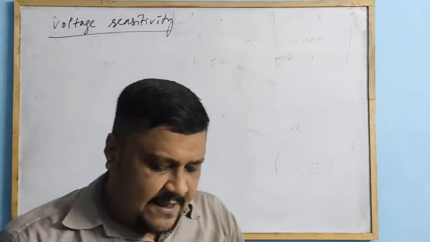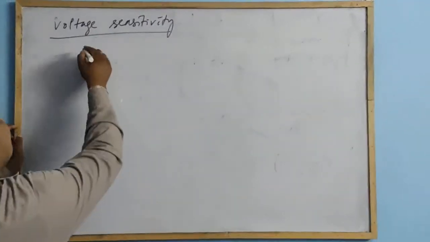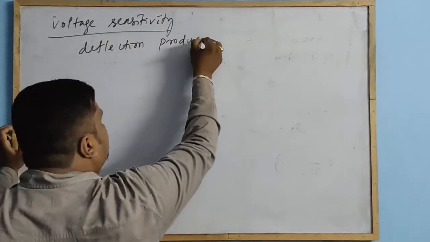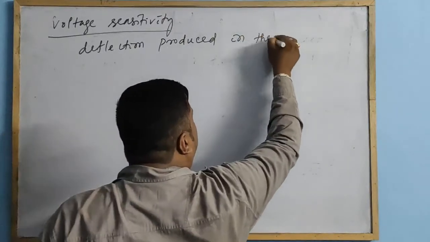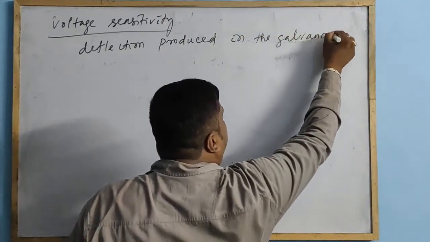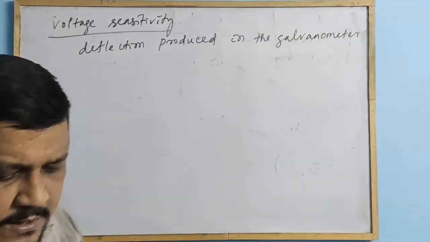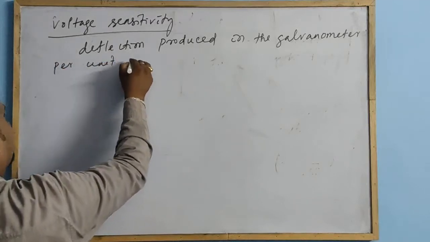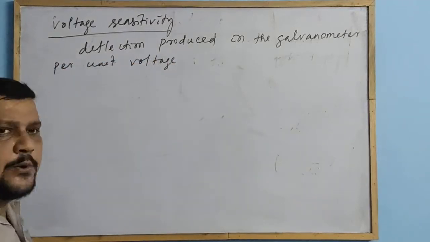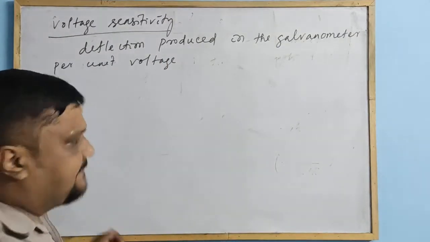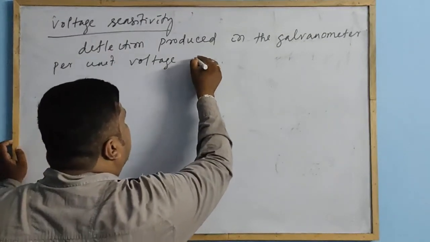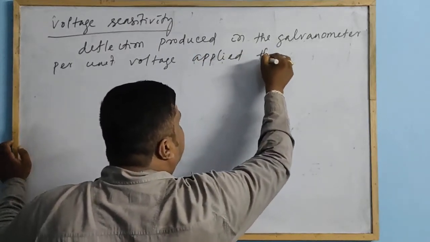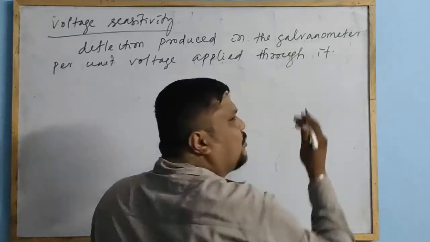Like the current sensitivity, it is defined as the deflection produced in the galvanometer per unit voltage difference applied between the two terminals T1 and T2.